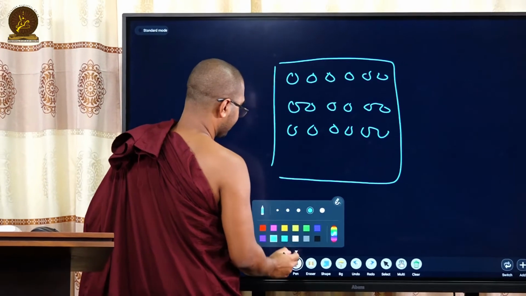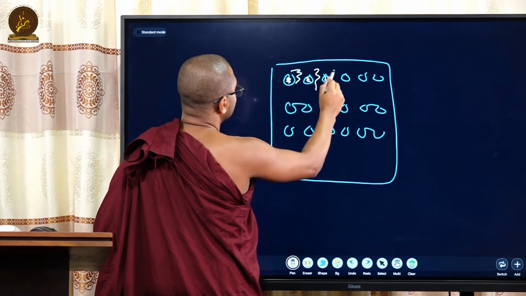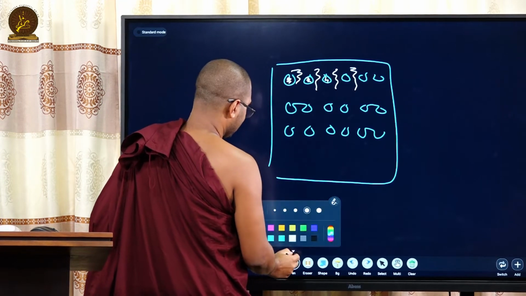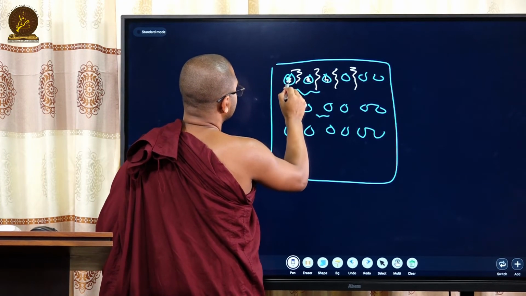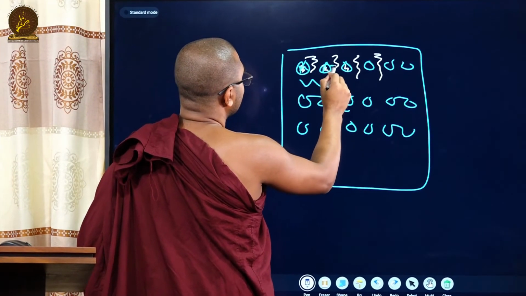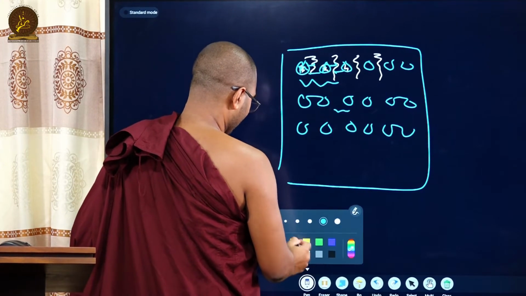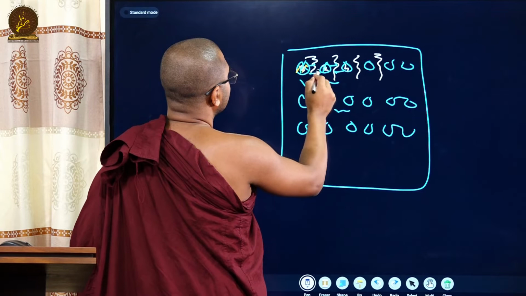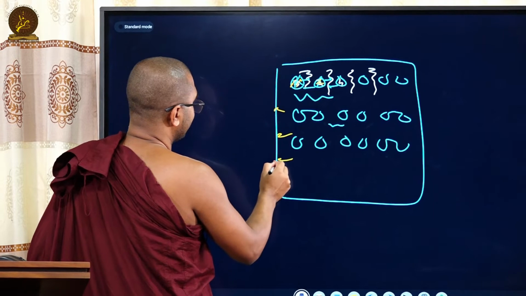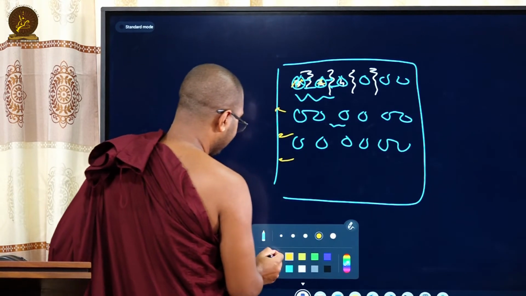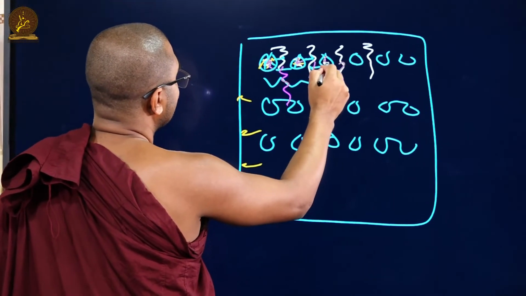The hardness is found within the kalapas and also in between the kalapas. Then sometimes we have liquidity and also apo inside the kalapa and between the kalapas. We also have vayo inside the kalapa, and as a whole sometimes we can feel a push. Anyway, that is controversial. Then we can feel the tejo within the kalapa and outside the kalapa.